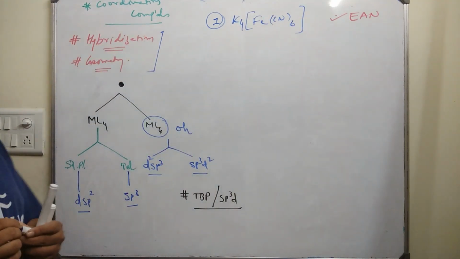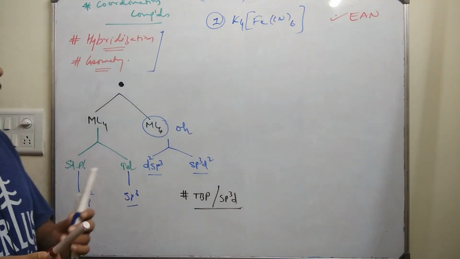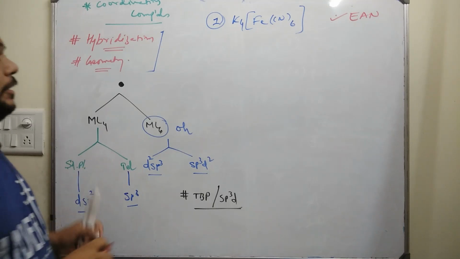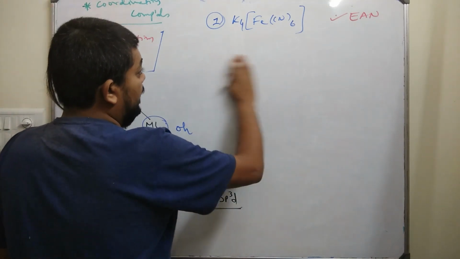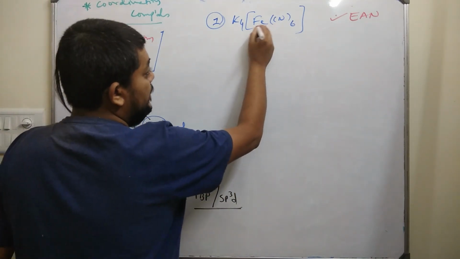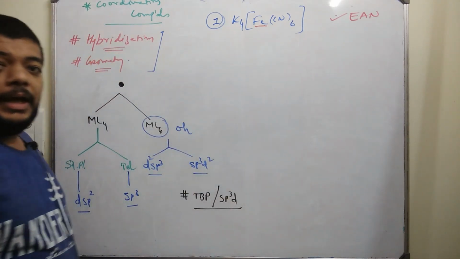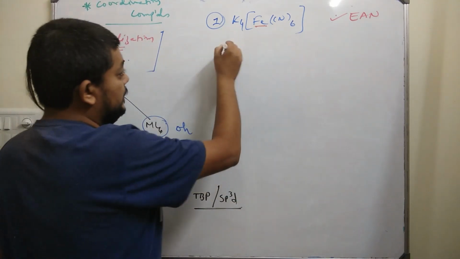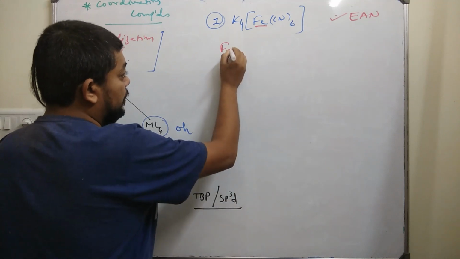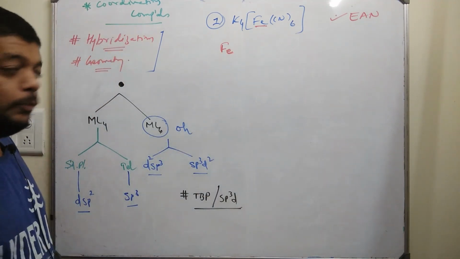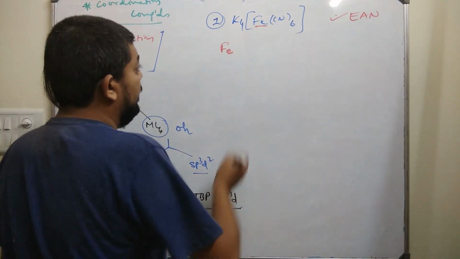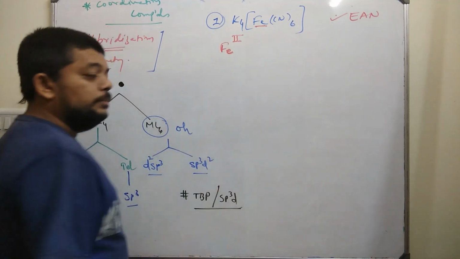K4[Fe(CN)6]. The first step that is ever involved while solving a coordination compound is to get the oxidation state of the central metal atom. If I go directly in a single shot, keeping in consideration that the earlier class was fruitful and done completely by you, the oxidation state is +2.